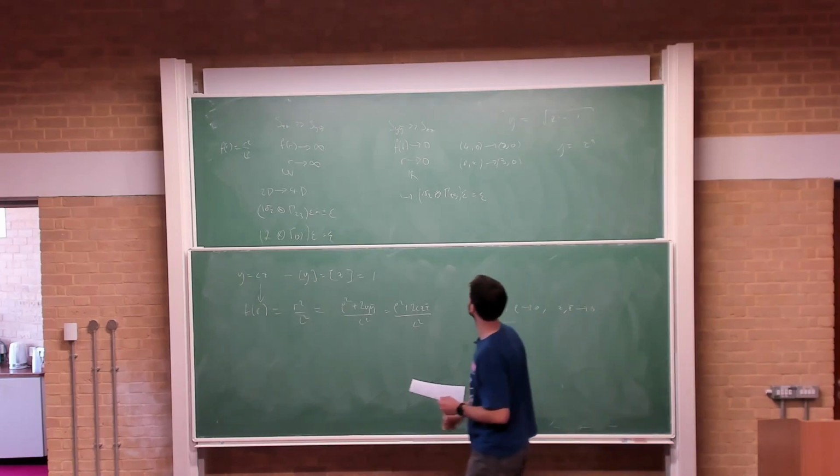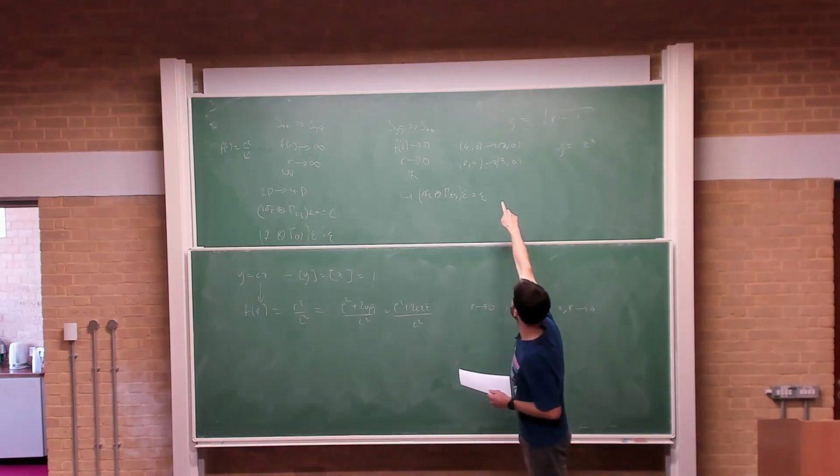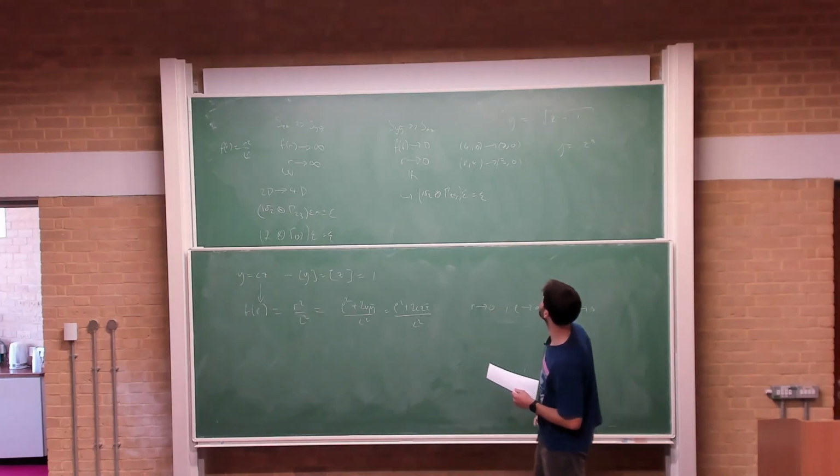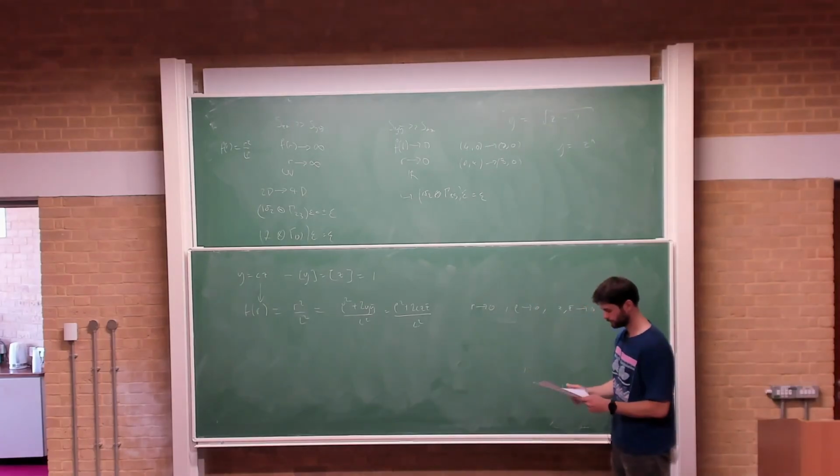And at this point, we get supersymmetry enhancement from 4, 0 to 8, 0 and 0, 4 to 8, 0.